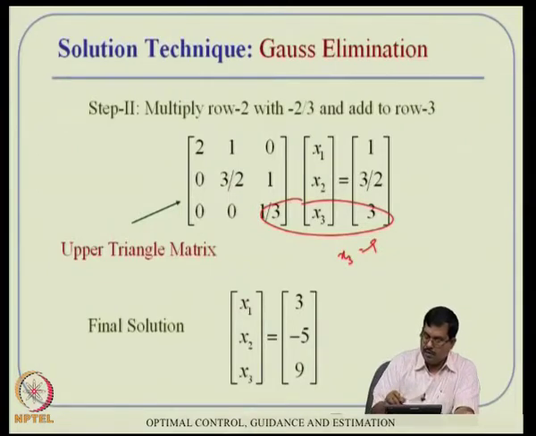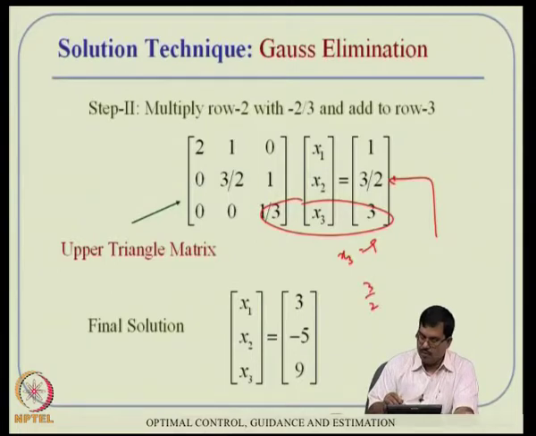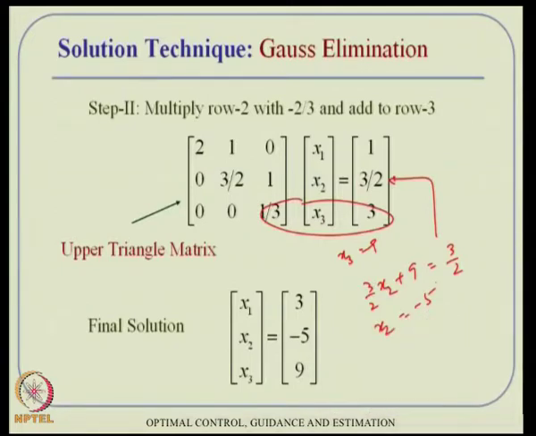Now, if I go to this second equation, then I get 3 by 2 x2 plus 9, because x3 is 9, is equal to 3 by 2. If I try to solve this, then x2 happens to be minus 5. Now I go back to the first equation: 2x1 plus x2, and x2 is already minus 5, so this is minus 5, equal to 1.